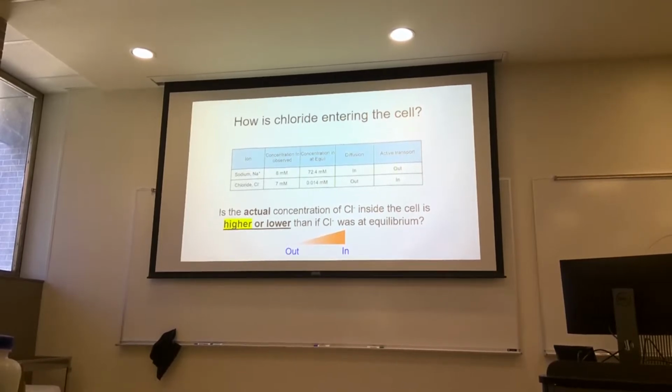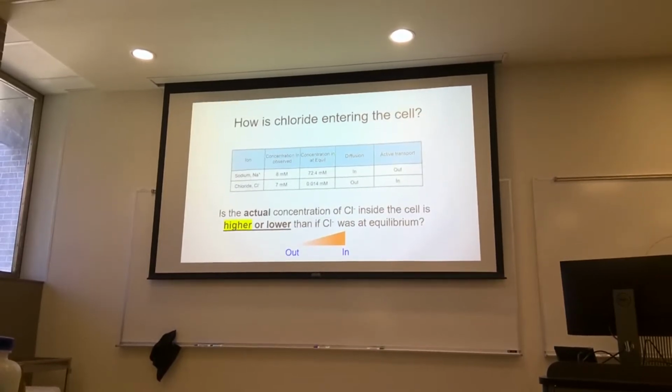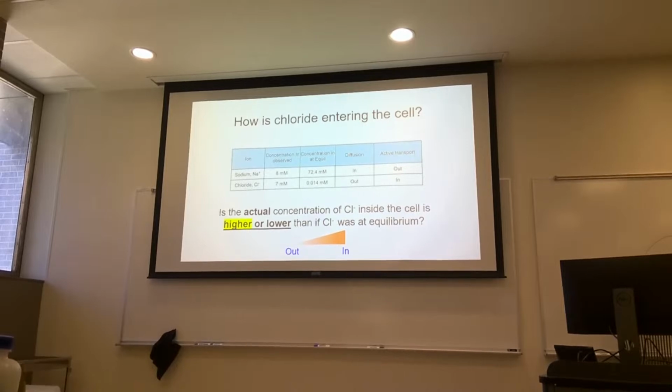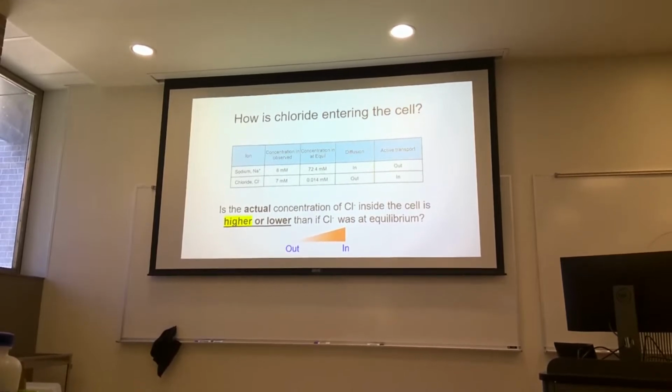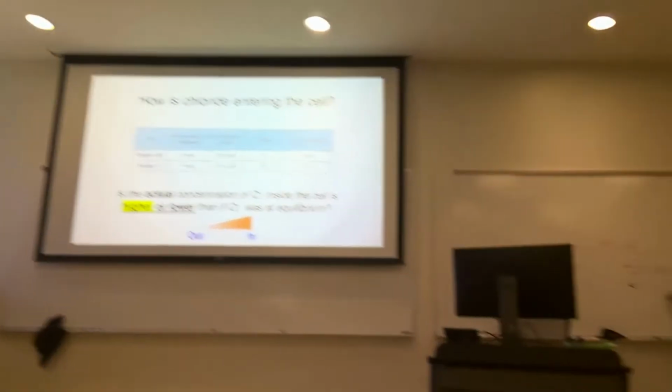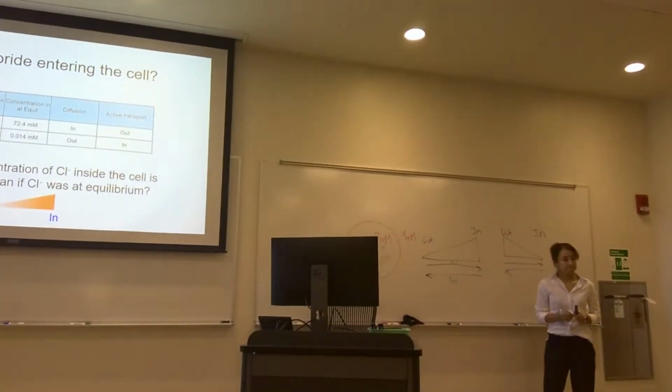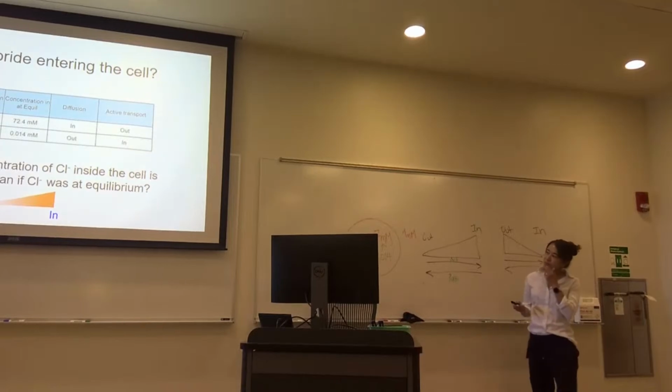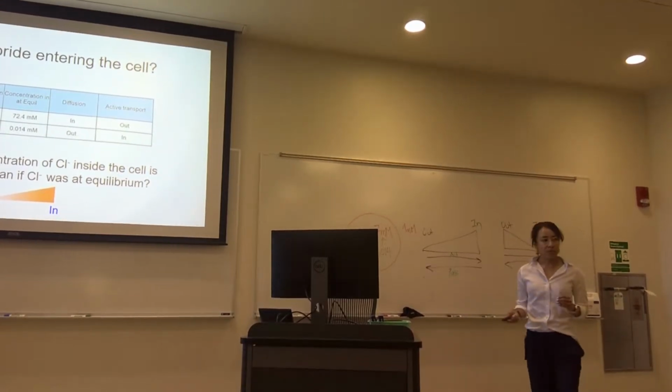So you have this gradient, and it is entering the cell by active transport. That's how you will figure it out. Okay, was that clear?